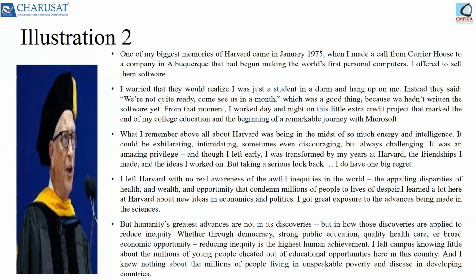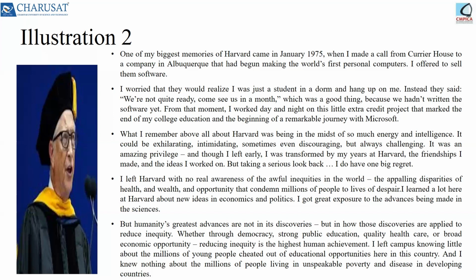I learned a lot here at Harvard about new ideas in economics and politics. I got great exposure to advances being made in the sciences. But humanity's greatest advances are not in its discoveries, but in how those discoveries are applied to reduce inequity.